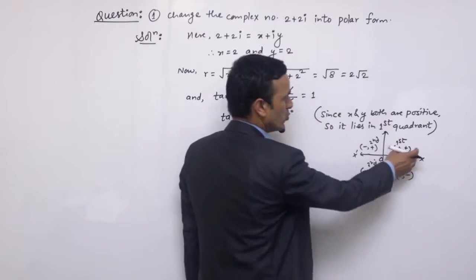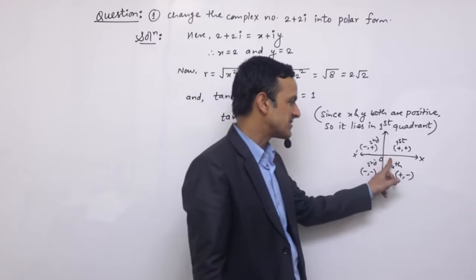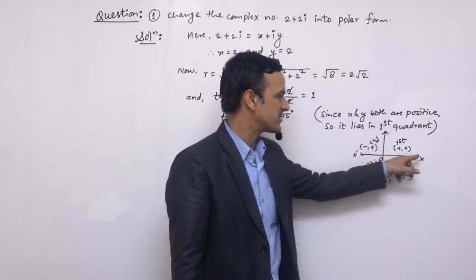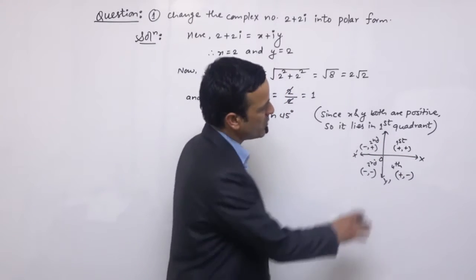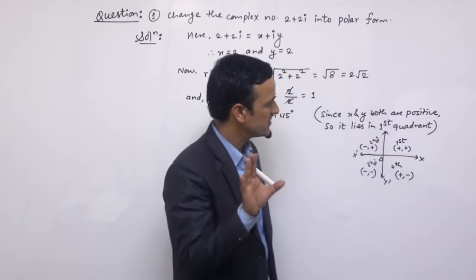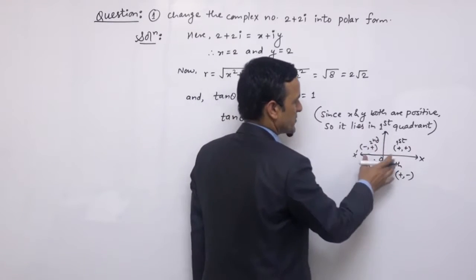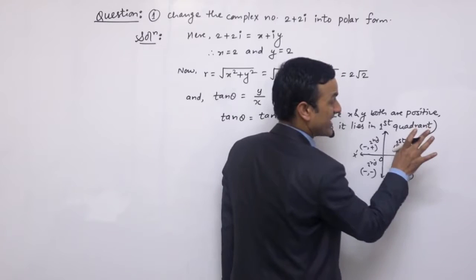So when two lines, one horizontal line, another vertical line, intersect each other, then we can see the four parts, four rooms. These four rooms are known as the quadrants.